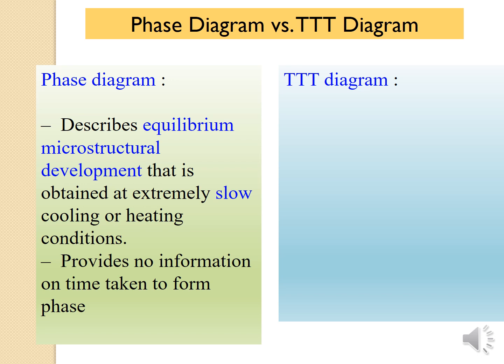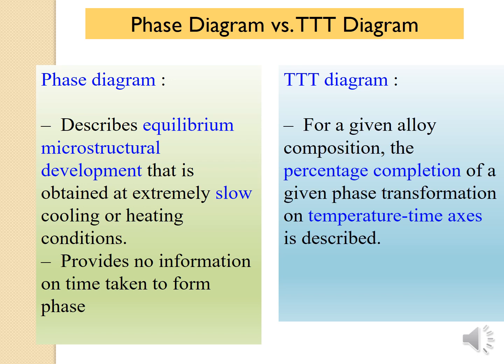On the other hand, for the TTT diagram, for given alloy compositions, the percentage completion of a given phase transformation on a temperature-time axis is described. So it will give the time and temperature information as well as the amount of transformation.